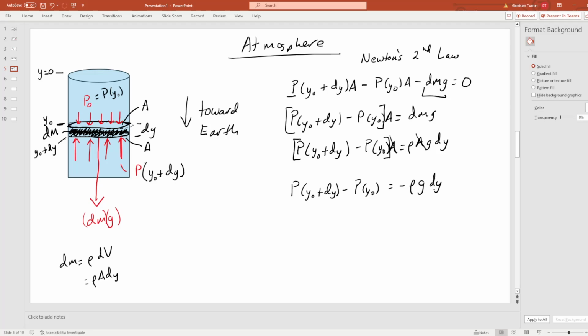Okay, my change in pressure is upward, but my weight is downward. So these are actually directed in opposite directions. Okay, and I can now divide both sides by dy. And this is just a derivative.